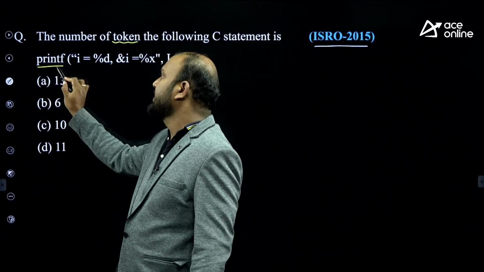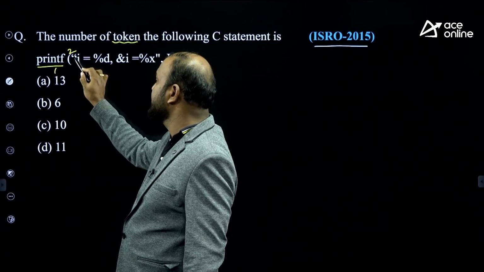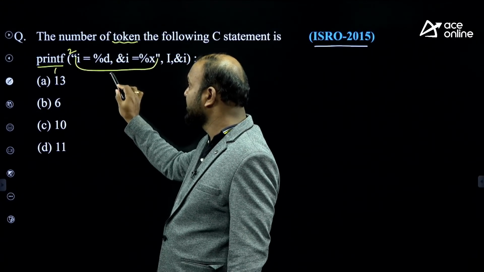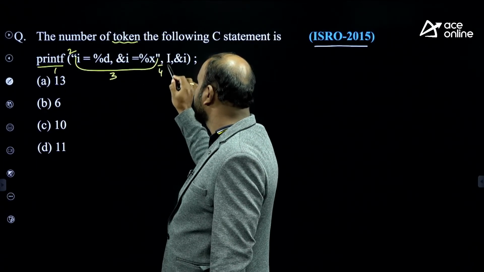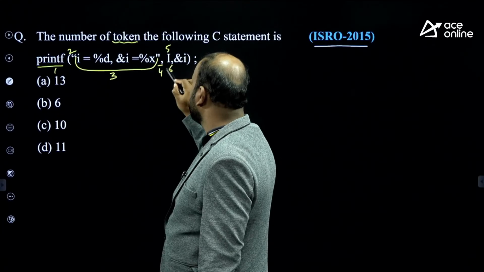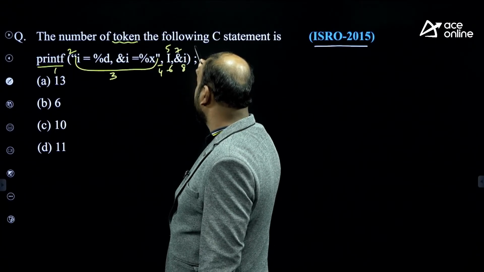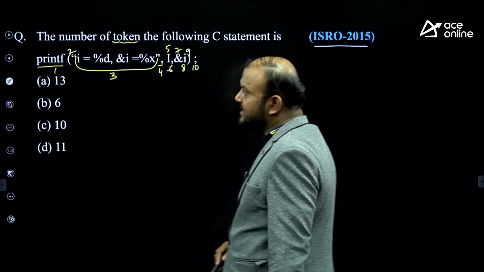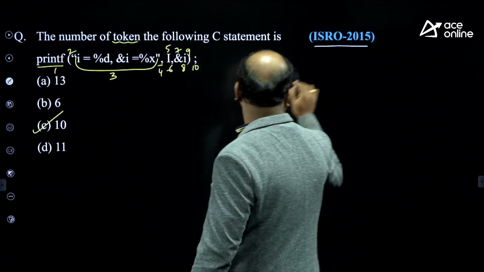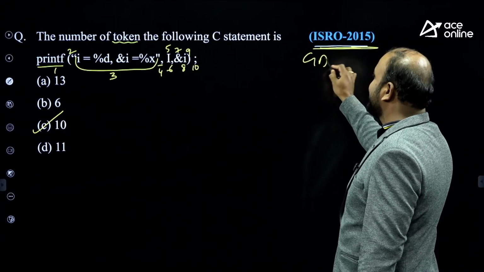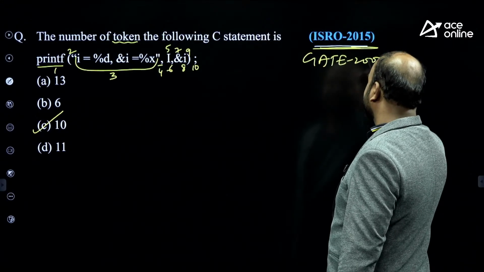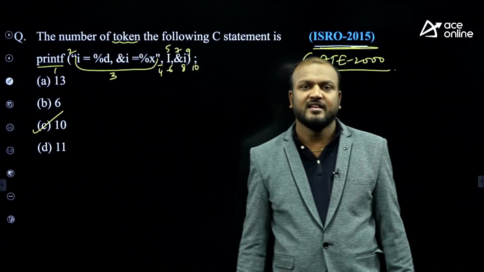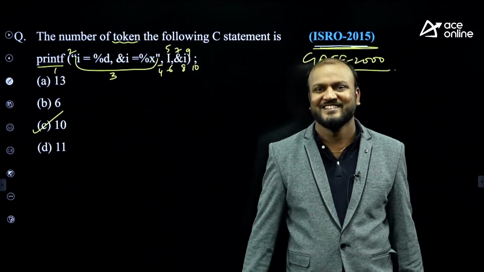Now look here: printf is 1 token, open parenthesis 2 tokens, and everything inside the double quotes is 1 token, then comma, i, comma, ampersand, i, close parenthesis, semicolon. So totally how many tokens are there? 10 tokens. It is ISRO 2015, and it is also a GATE 2000 question. Same question. That's what I told you at the very start. Most of the ISRO PYQs are GATE PYQs.